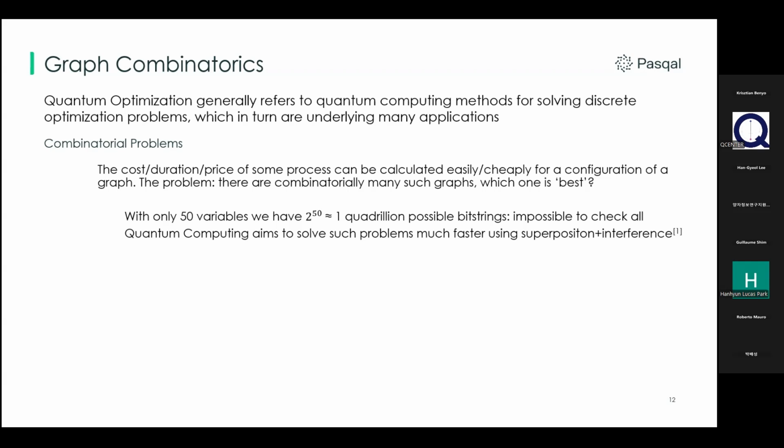We have seen on Monday that the state space, so the quantum states themselves, also scale exponentially. So the potential variety, the potential amount of information you can encode on quantum bits or qubits, also scales in a similar fashion as the problem itself would.